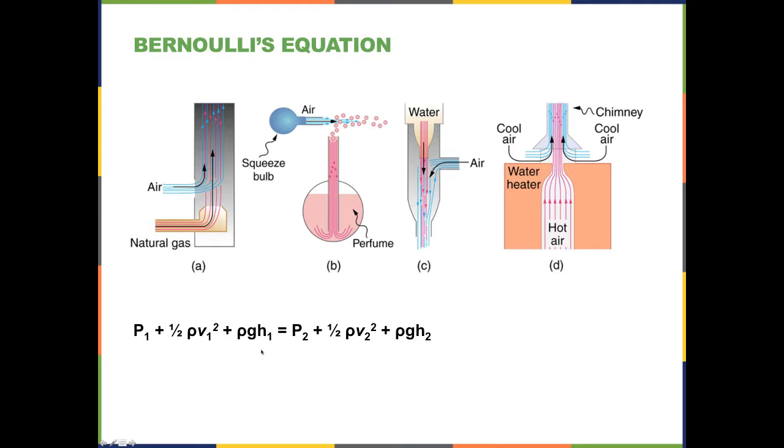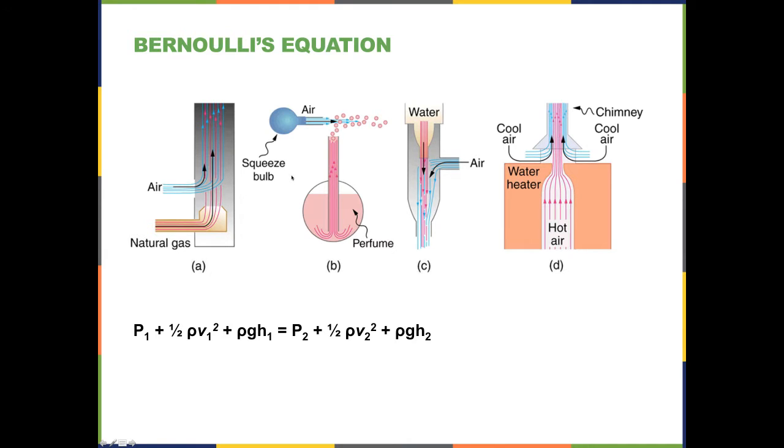Now, many times, like for example, here you have natural gas flowing, and because it flows at a certain velocity, it starts at one velocity, flows at another velocity, and then out here, the pressure and velocity are different. And because of that, this pressure out here is less than this pressure in here, and it draws air into this situation.